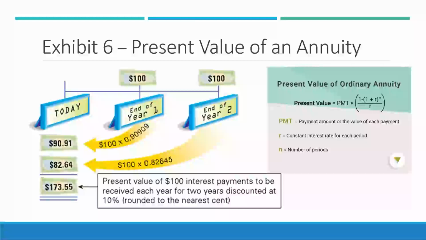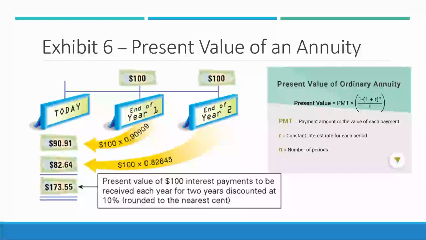So we discount the $100 at the end of year one using the year one present value of a dollar factor. We take 100 times 0.909 and we get $90.91. That's the present value of the year one payment. The present value of the year two payment is $82.64. And the present value of the year three payment is $73.55.